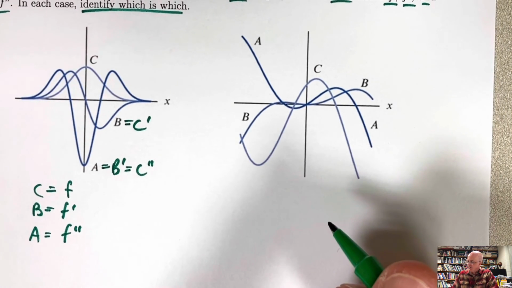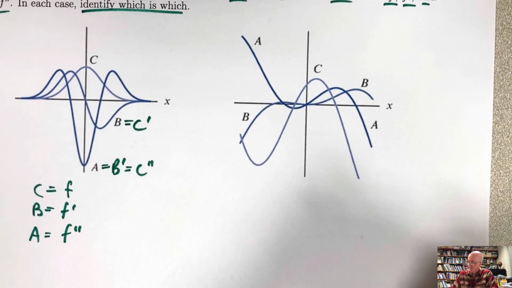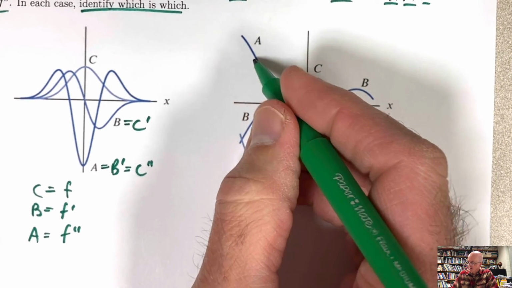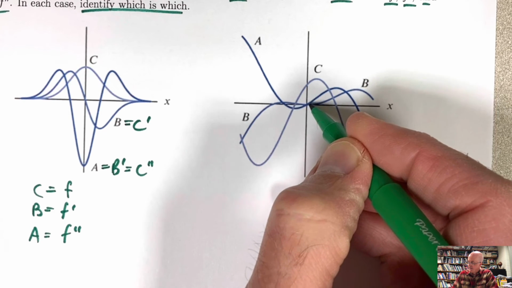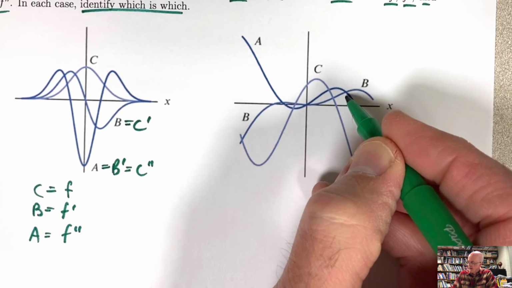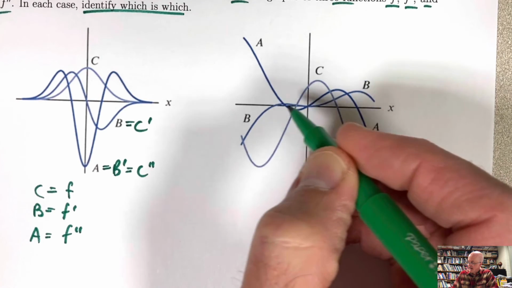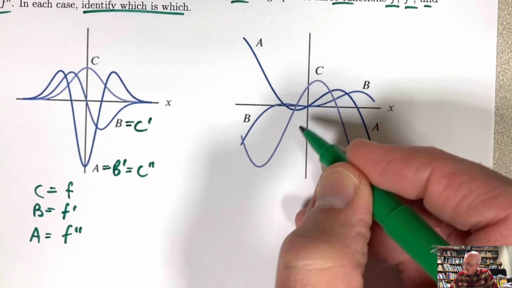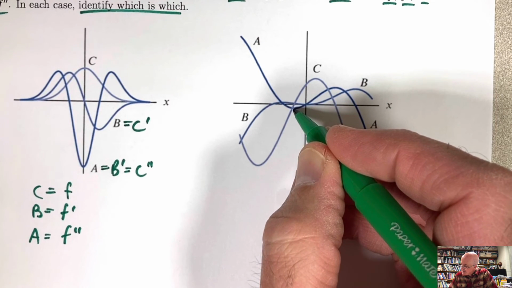All right, do something similar in this one. What graph should I start with? It's not clear. Maybe I start with A. Slope is negative, then is 0 right there, then becomes positive. 0 right there, then becomes negative again. Is there a function, either B or C, that is negative, then positive, then negative again, and is 0 in value right where A has a 0 slope?